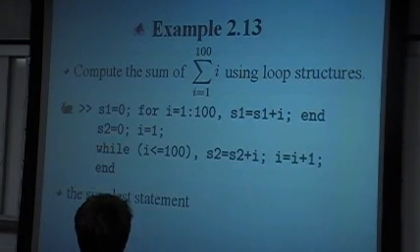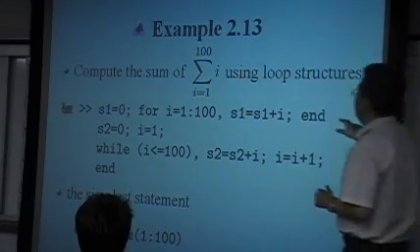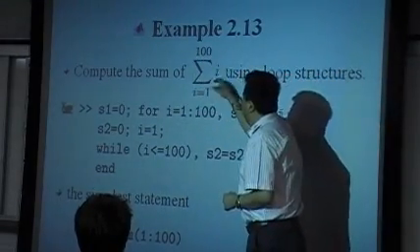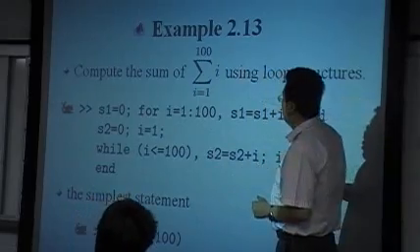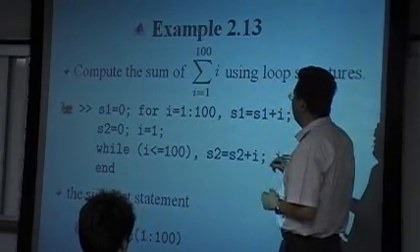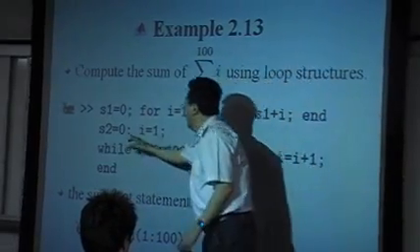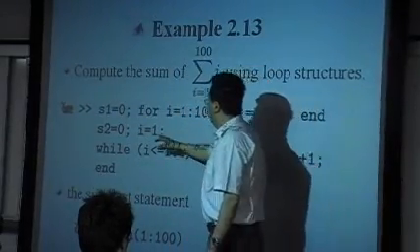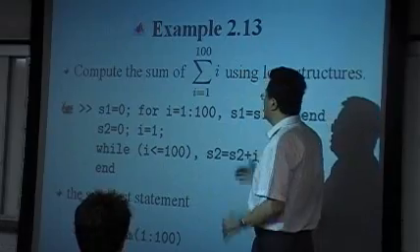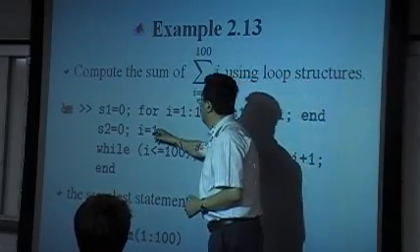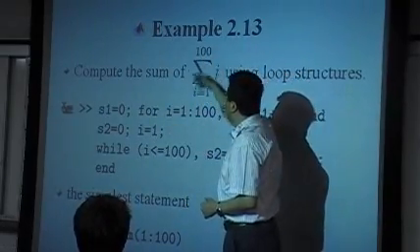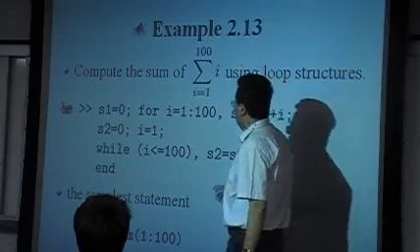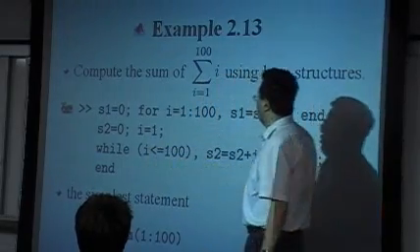Still, let's consider the same problem. If we are trying to implement this problem with the while structure, it is a little bit complicated. First, we have to assign s2, which is equivalent to s1, to 0. Then i equals 1, which is the first element in the summation part. And we test whether i is smaller than or equal to 100 or not.